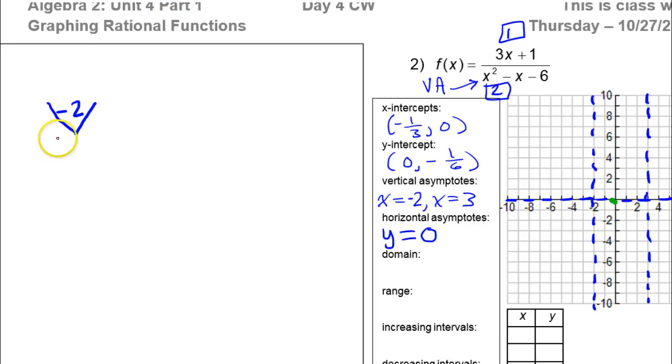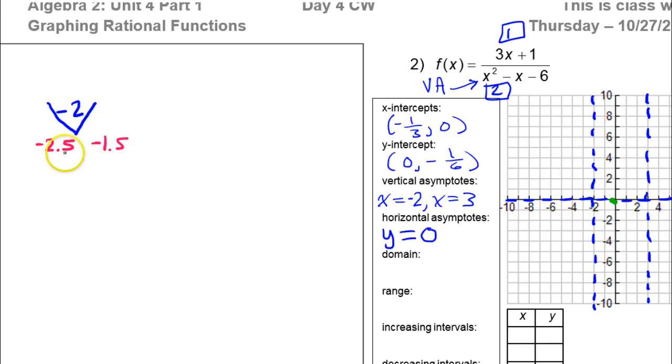I need the decimals a half of a unit to the left or right of negative 2. So if I go to the left of negative 2 on a number line, half of a unit, that would be negative 2.5. If I went to the right of negative 2 on a number line, that would be negative 1.5.